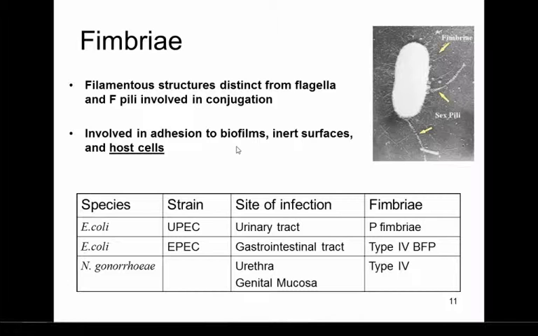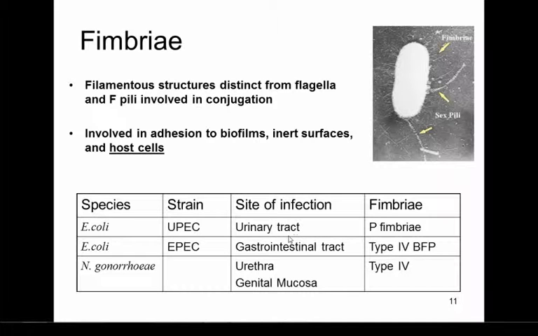Now, this can play a very important role in the tropism of the bacterial infection, that is, where the bacterium can cause infection. In Escherichia coli, there are uropathogenic E. coli and enteropathogenic E. coli. Uropathogenic E. coli express a fimbrial adhesin that allows it to adhere to epithelial cells in the urinary tract.